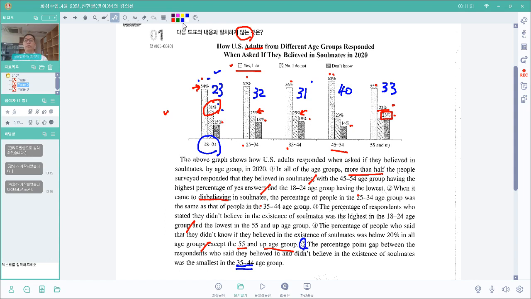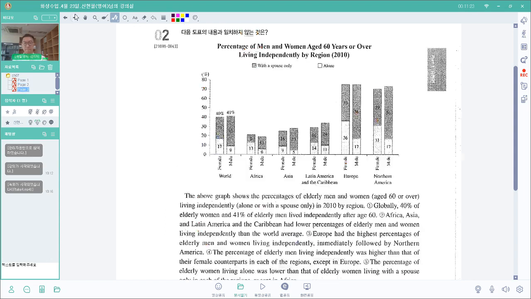Okay, so let's go to question number 2. Here, the above graph shows the percentage of elderly men and women living independently, alone, or with a spouse only in 2010 by region. So the graph shows the percentage of men and women living independently in all regions, whether they live alone or with a spouse only.